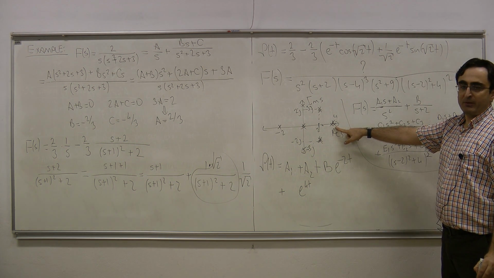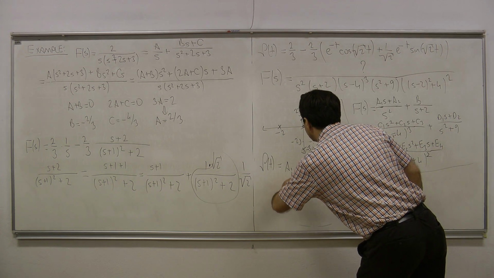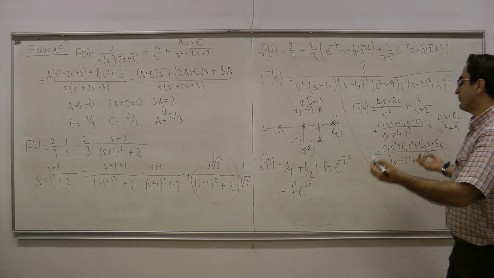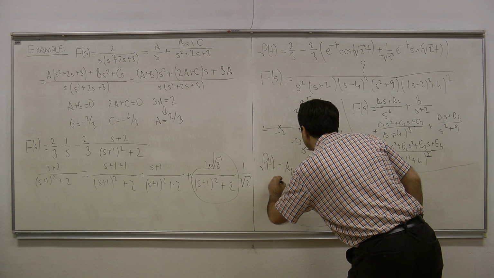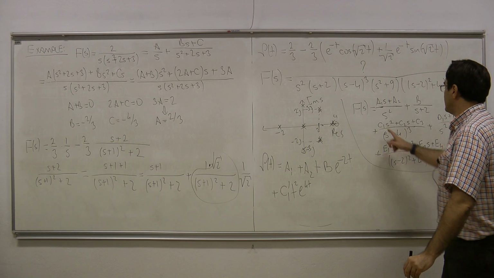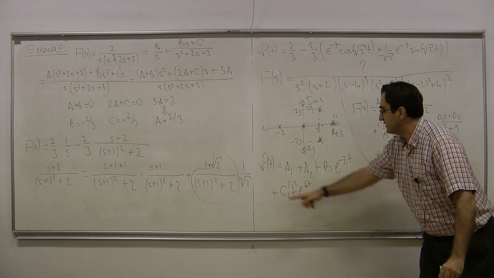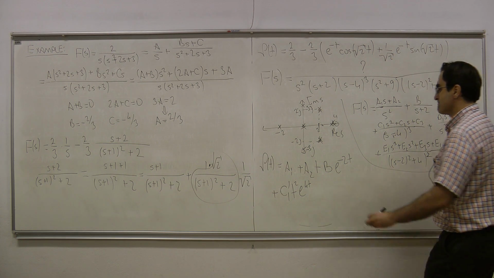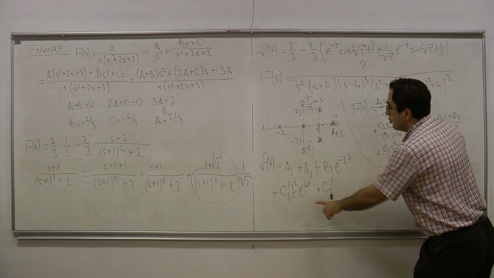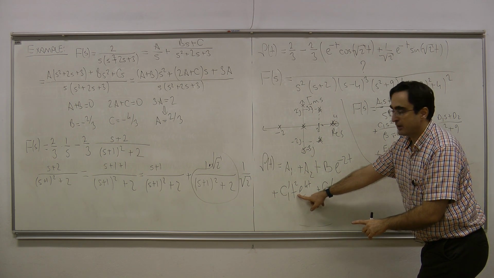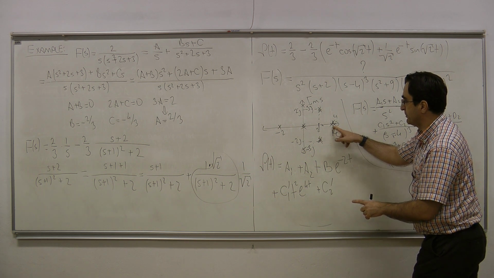Since this is repeated 3 times, then I would have a t squared multiplication, and of course there will be some coefficient in the front, plus c1 prime. This c1 prime does not really have to be equal to this c1 in general, okay? Plus c2 prime. When you have a t squared multiplication, you're going to have lower order multiplications because of this repetition.